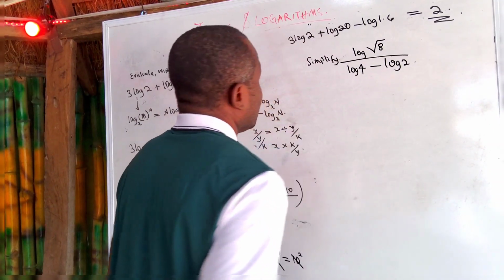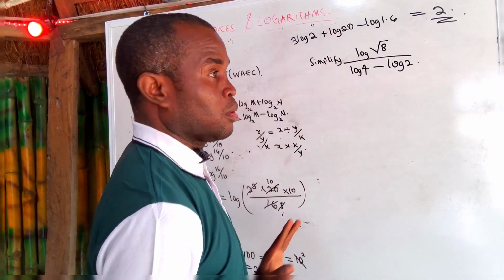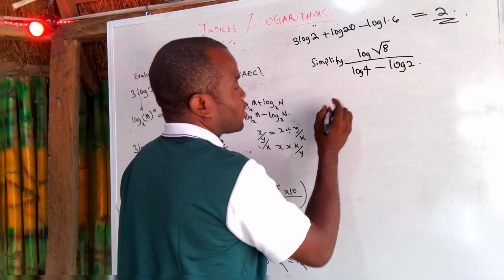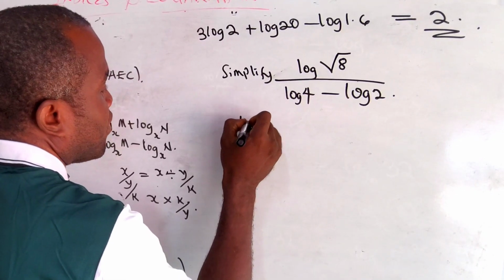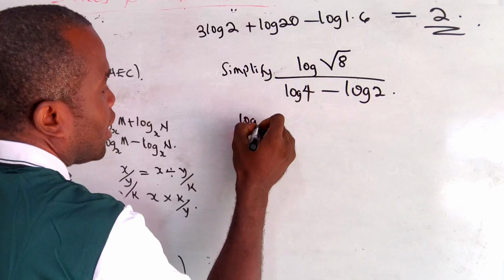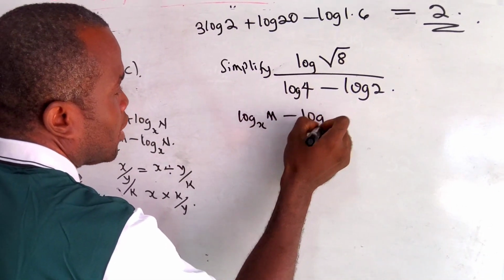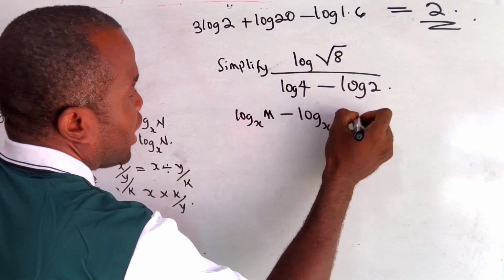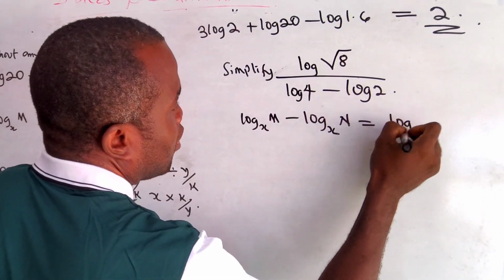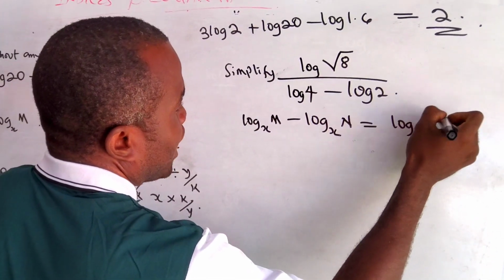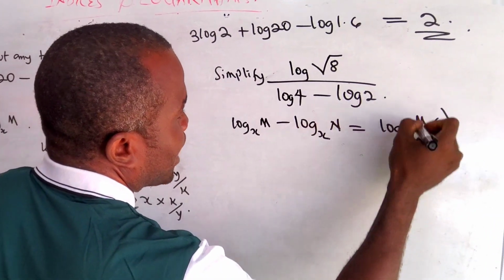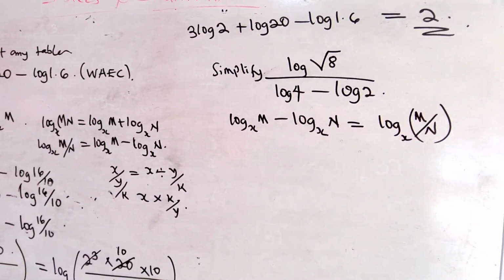Now look at this, just two laws here. The first law: if you have log to base x of m minus log to base x of n, it is the same thing as log to base x of m divided by n. Simple and straight.